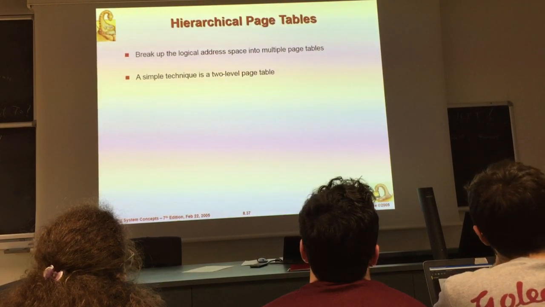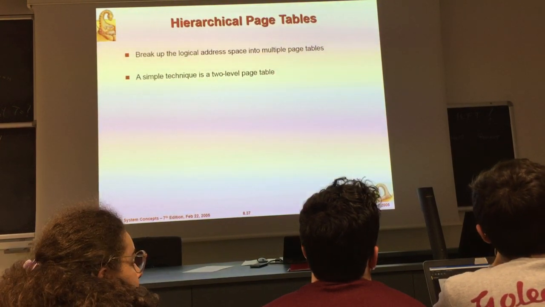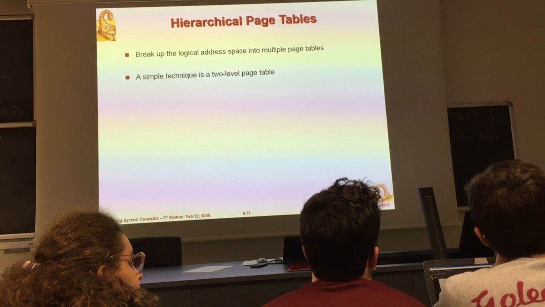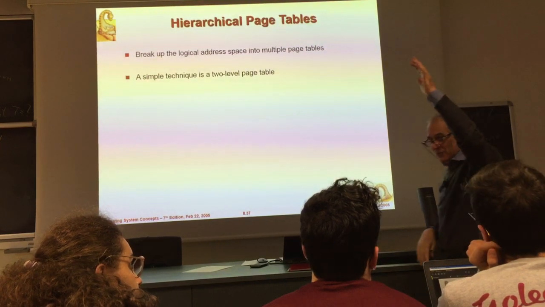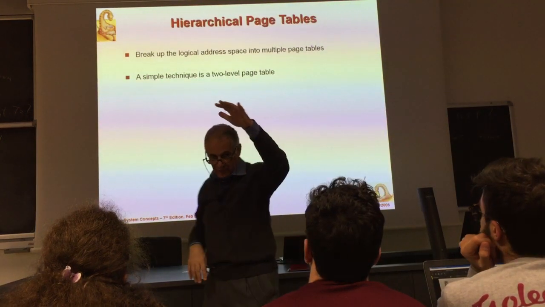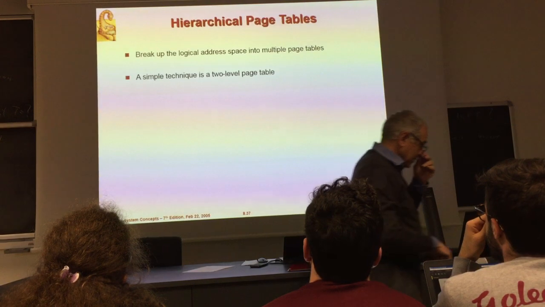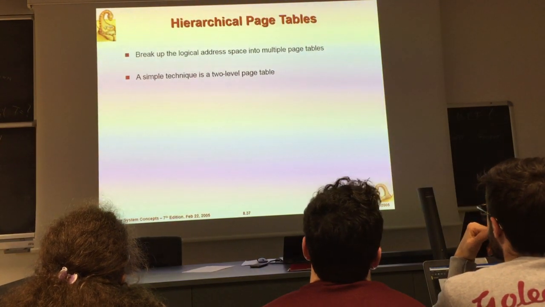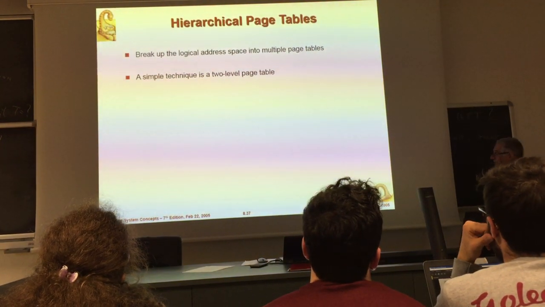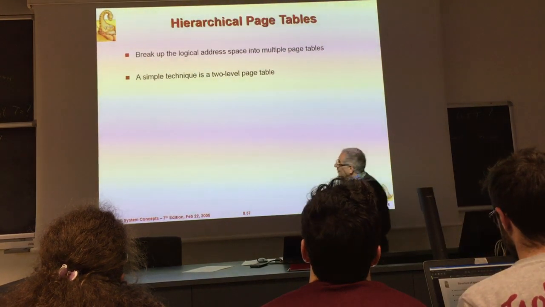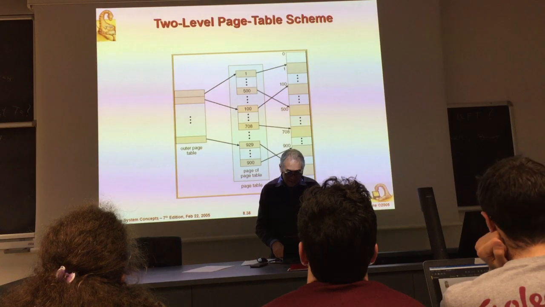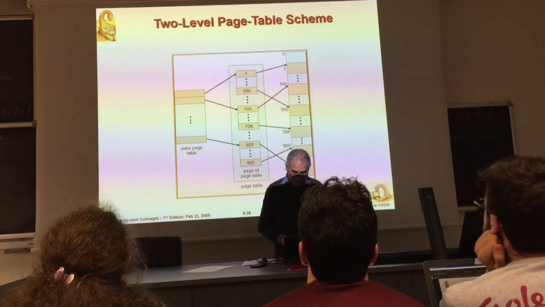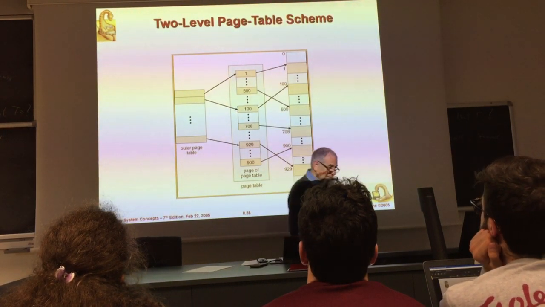Okay, what does it mean? That the page table would be big. Okay, so for a large program, you may have a huge page table. Okay, so to avoid this, we can use the 2-level page table in this way.